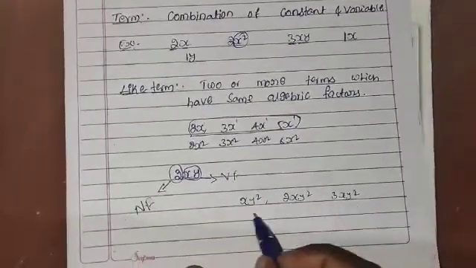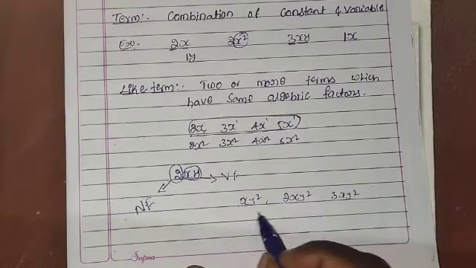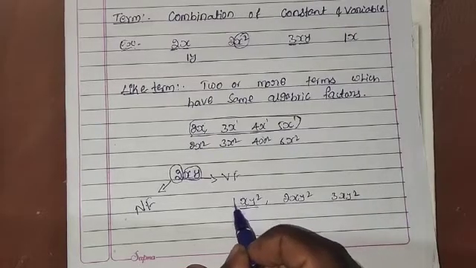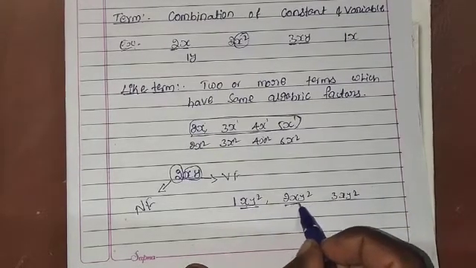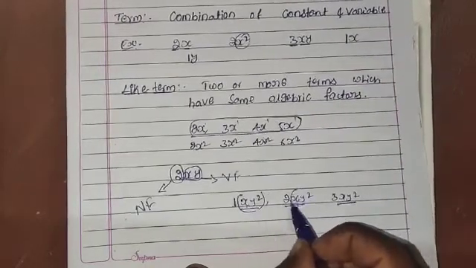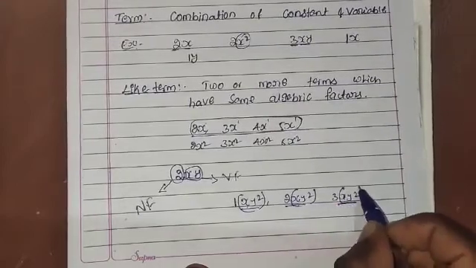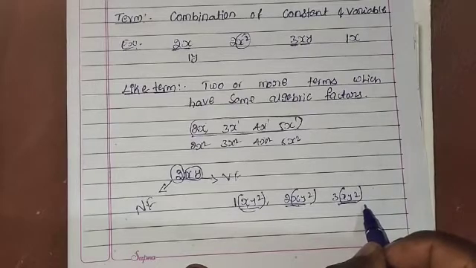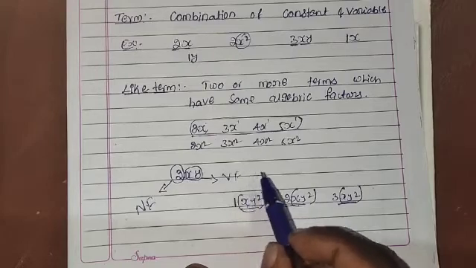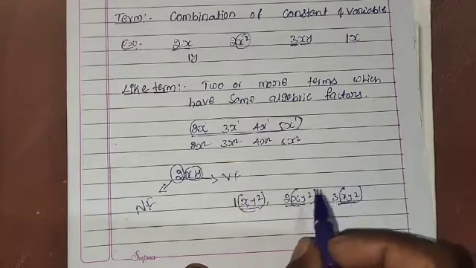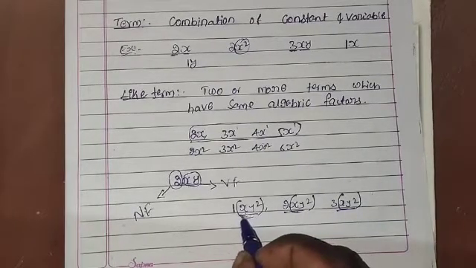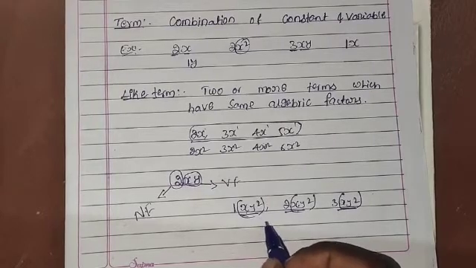Observing these three terms, all of them have the same variable factor xy square; xy square means 1xy square. Terms with the same variable factor are called like terms. So like terms are two or more terms having the same algebraic or variable factor.